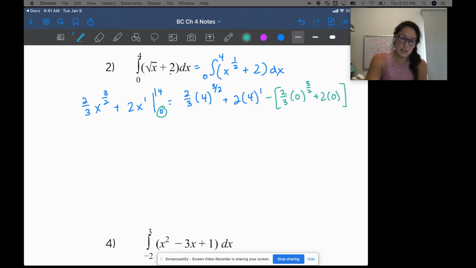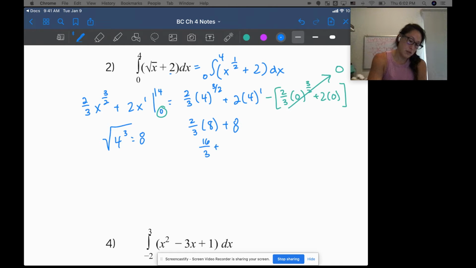Everything with the 0 is going to go to 0. So I end up with 4 to the 3/2, the square root of 4 cubed, which is the square root of 64, which is 8. So 2/3 times 8 plus 8, giving me 16 over 3 plus 24 over 3, which is 40 over 3.